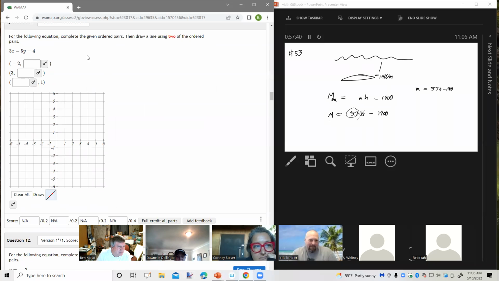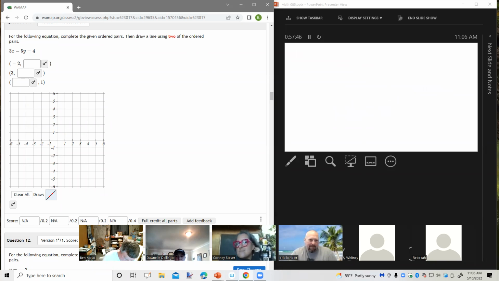Okay. For the following equation, complete the given ordered pairs, then draw a line using two of the ordered pairs. This is number 11. So we've got 3x minus 5y equals 4. We want to complete the ordered pair -2 comma something.